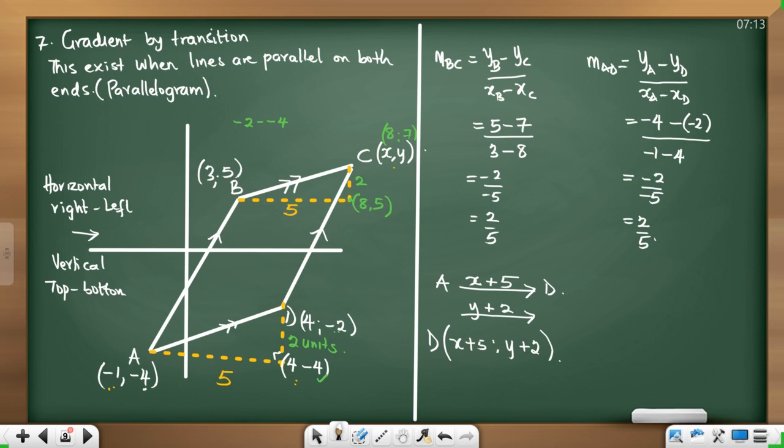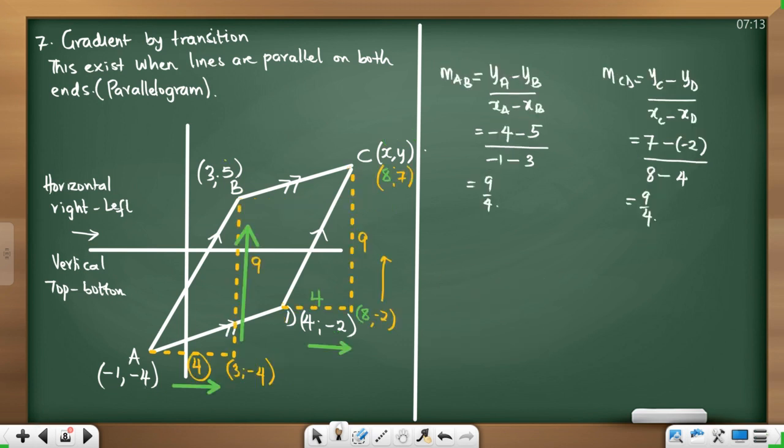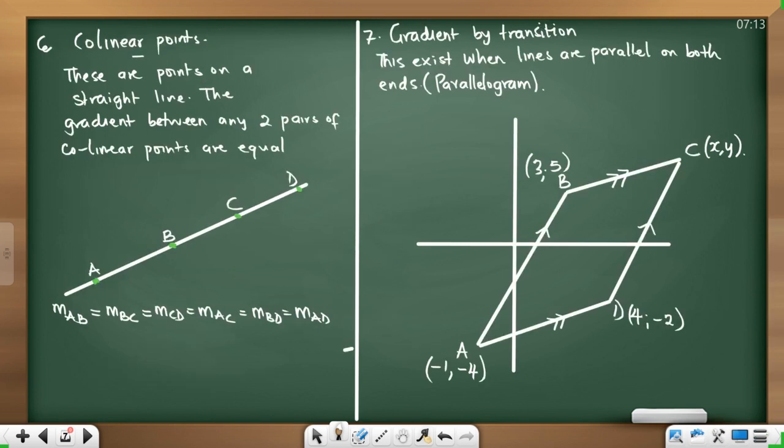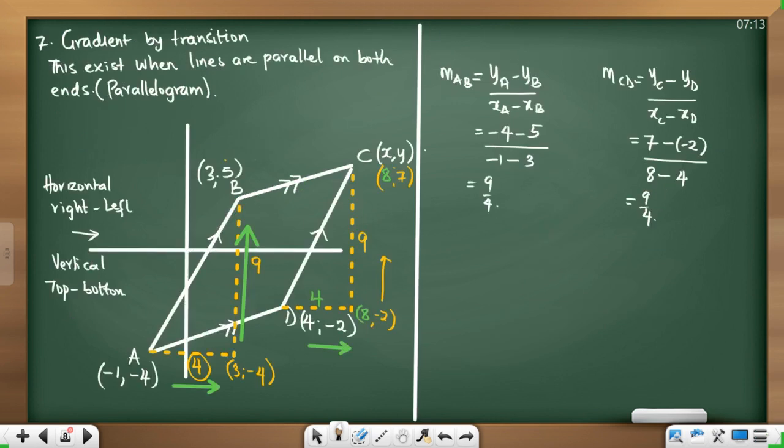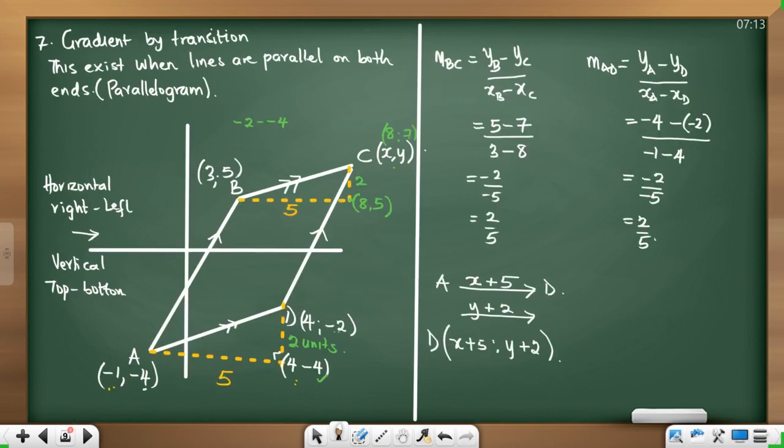Let's do the same for this one. What will it be? Sorry, let me go back quickly. Let me just complete something here. Therefore, the coordinate of C will also be what? This is from A, XA plus 5, YA plus 2.